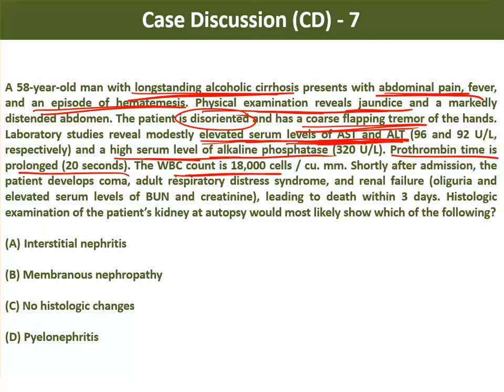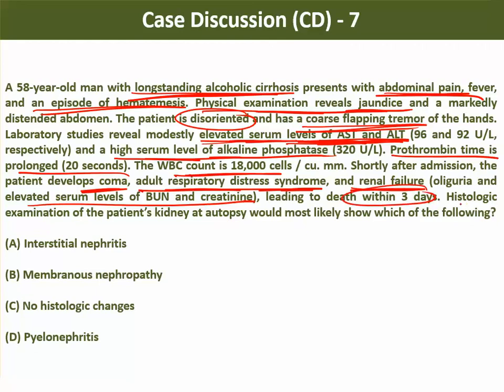WBC is increased, and the patient developed coma, adult respiratory distress syndrome, and renal failure. Serum levels of creatinine and blood urea nitrogen are all elevated, which is a sign of renal failure. The patient died in 3 days.